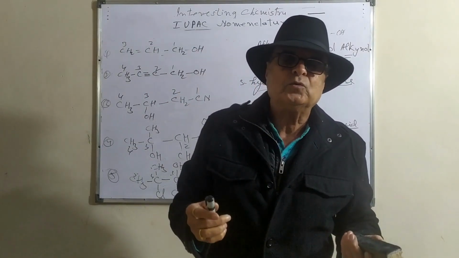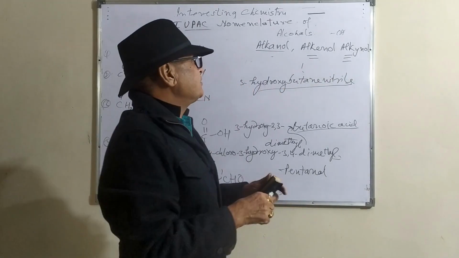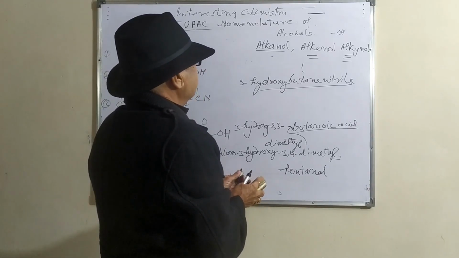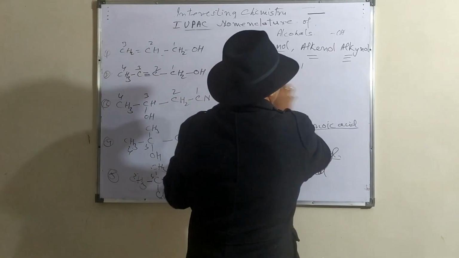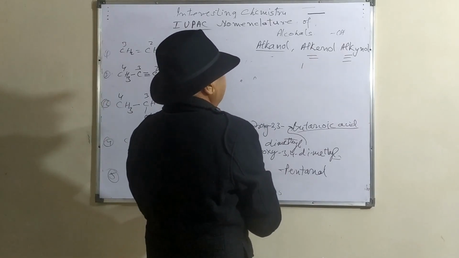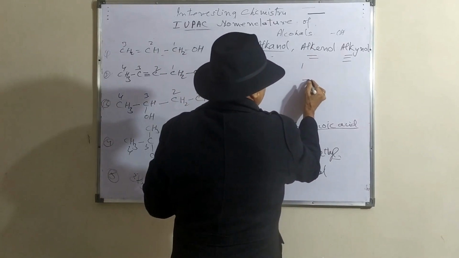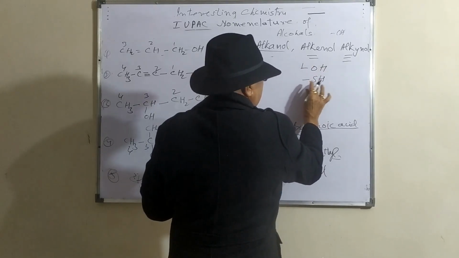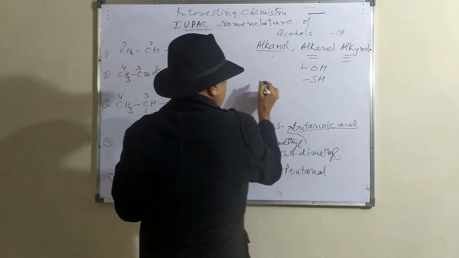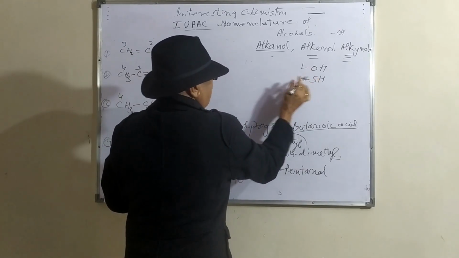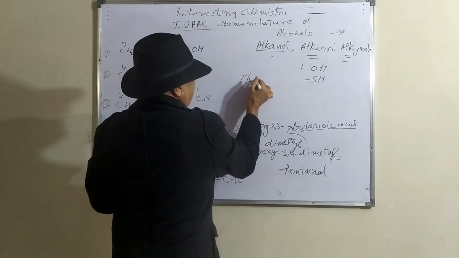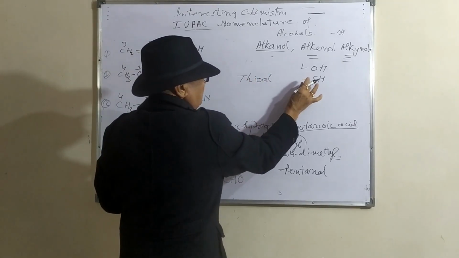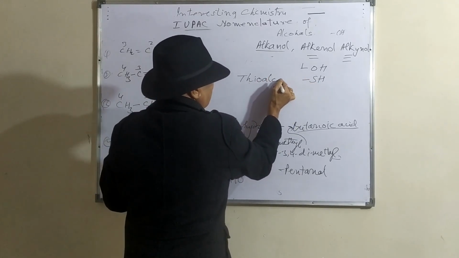One thing I am adding here: if OH is replaced by SH, suppose you find a group like this. This is OH and this is SH. This is alcohol, and when you find the group SH, it is a thioalcohol, with sulfur added.